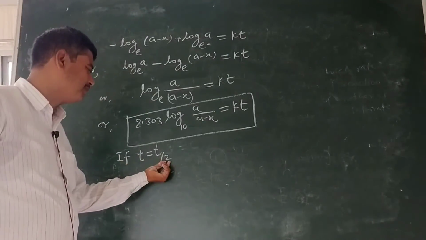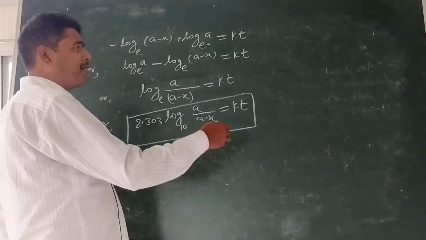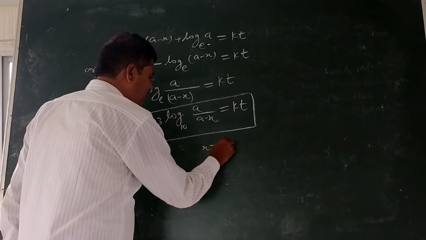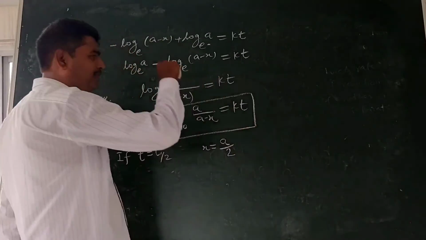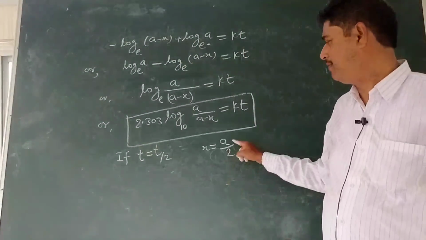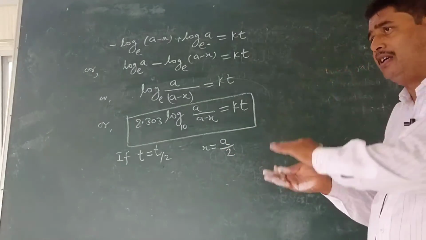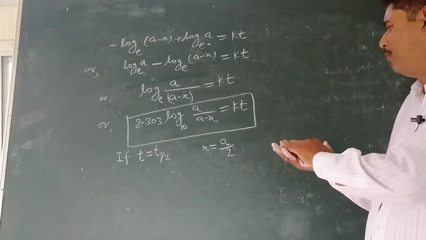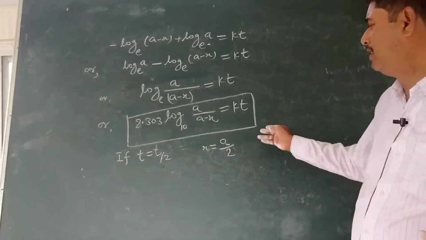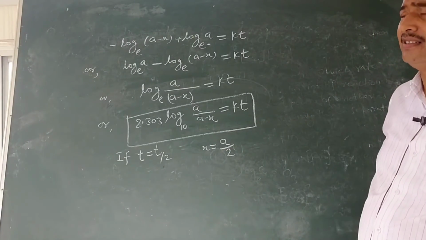If time is equal to t half, then according to the definition of half-life time, the concentration will be just half of the initial concentration of the reactant. The initial concentration of reactant A is taken as small a. Half the amount of a will change into product. Thus, the concentration of product will be half of the initial concentration of the reactant.